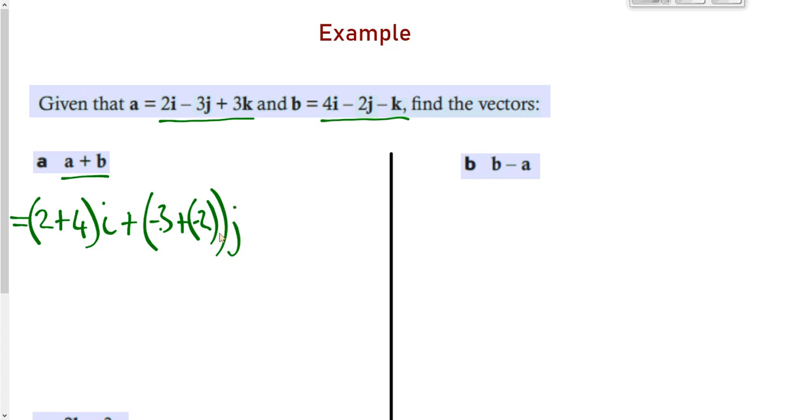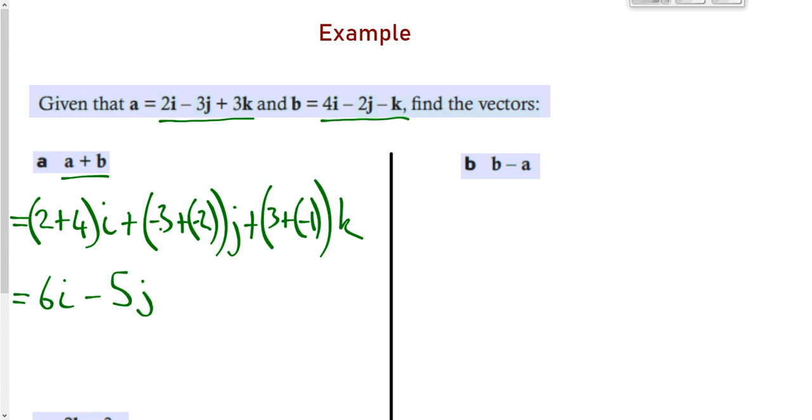That's J. And then we're going to add our coefficients here, so 3 plus -1 for our K. So nice and simply, 2 plus 4, we've got 6 in the I. -3 plus -2 is going to be -5 in the J, plus 3 plus -1, so it's going to be plus 2K. Got a little bit ahead of myself there.